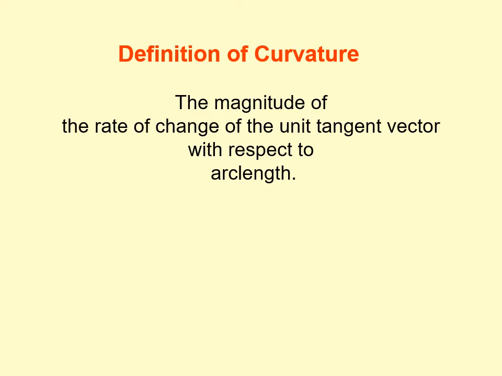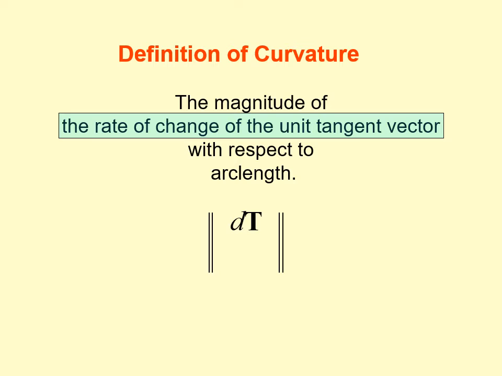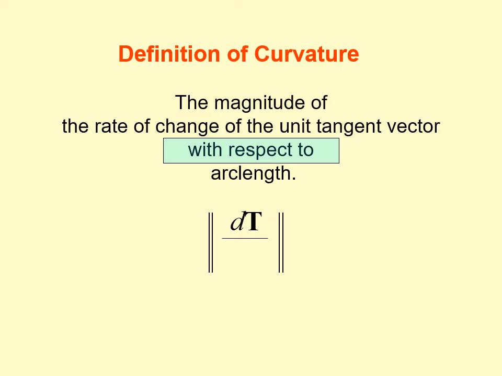Now with that last formula in mind, let's see what the definition of curvature looks like. The definition of curvature starts with the magnitude of the rate of change of the unit tangent vector, that's the bold capital T, with respect to the arc length.